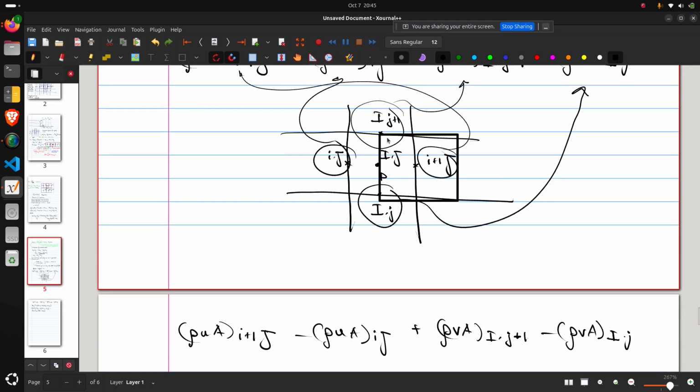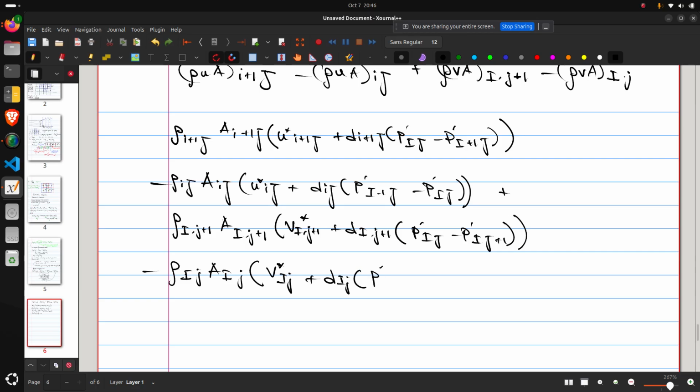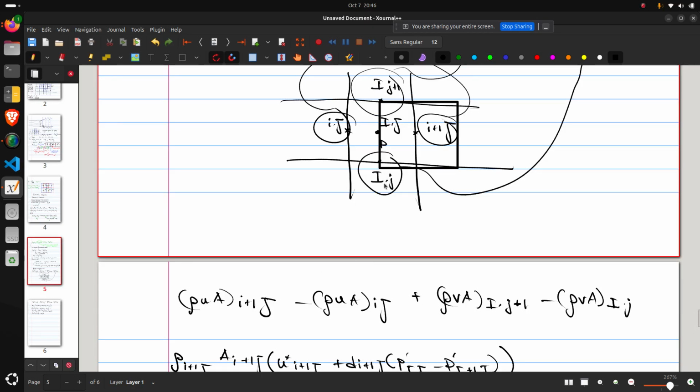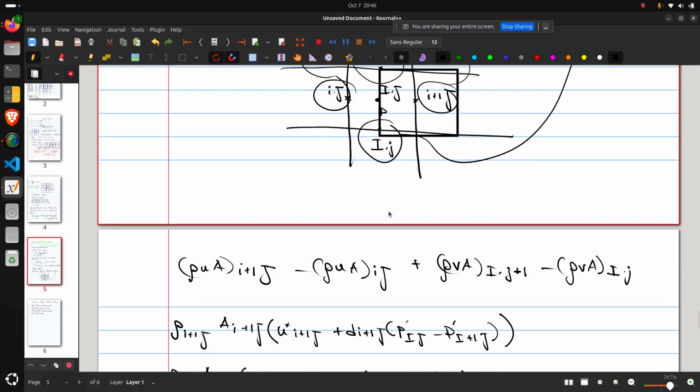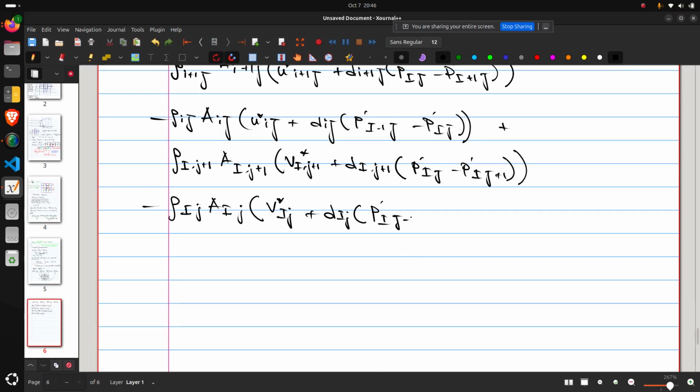This is the north face, so the pressure will be P prime at capital I, capital J, minus P prime at capital I, capital J plus 1, and minus rho at capital I, small j, A at capital I, small j, then again V star at capital I, small j, plus d at capital I, small j, then what will P be? P will be P prime at capital I, capital J minus 1, minus P prime at capital I, capital J. Yes.